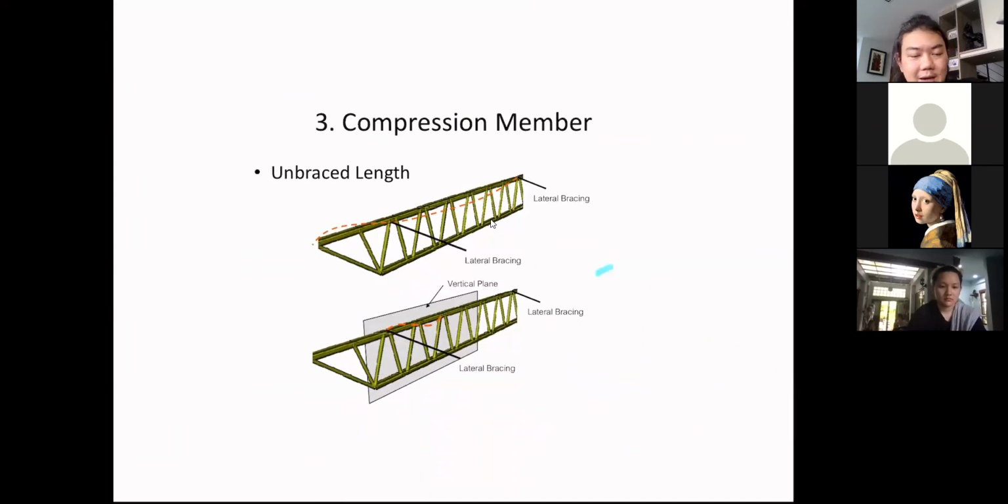We all know by now that if we design a truss, which is like a simply supported structure, to say it in an easier word, a simple beam, you're gonna have compression on top and tension at the bottom, right? So to say it very easily, your top chord is going to be under compression, right?